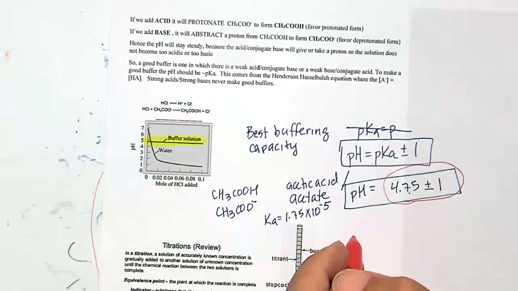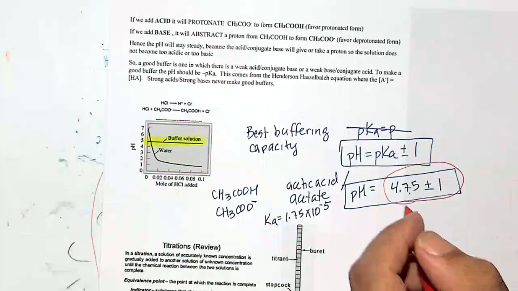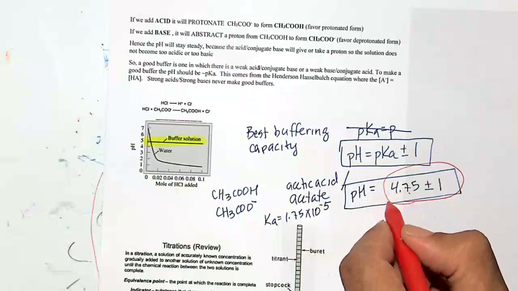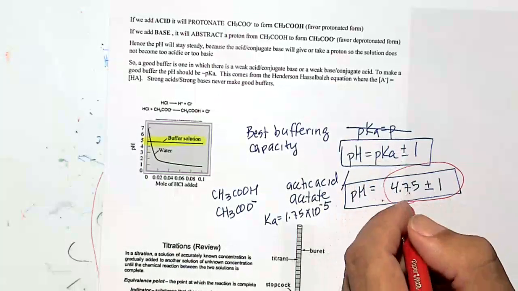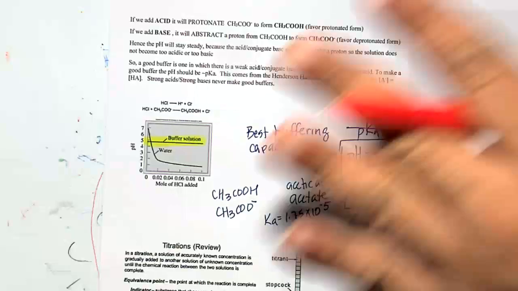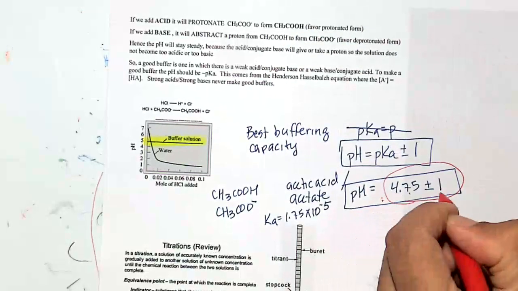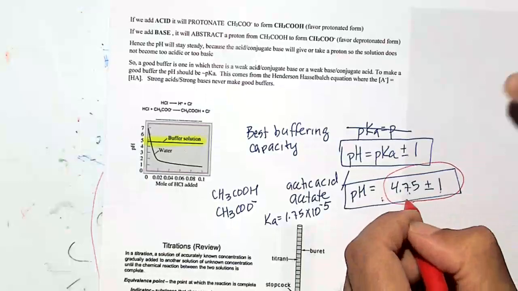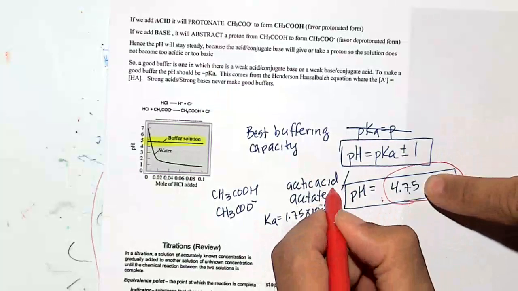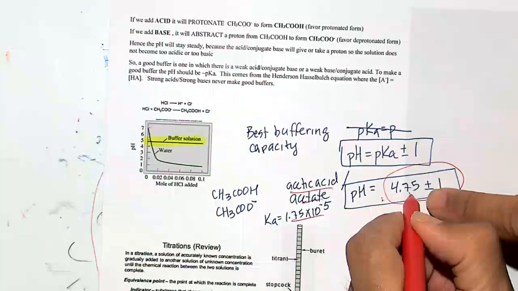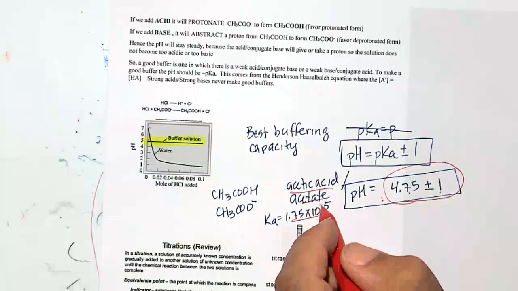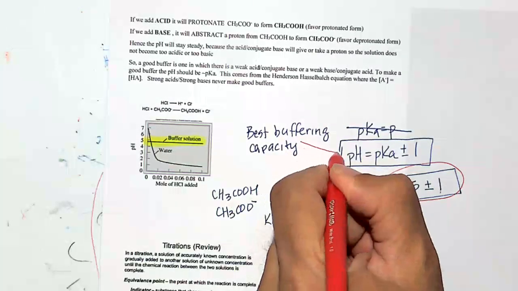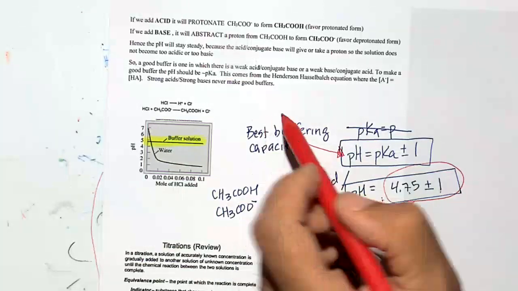It can withstand pHs between 3.75 and 5.75. You can add a whole bunch of acid, and you'll keep the pH between 3.75 and 5.75. You can add a whole bunch of base, and it will keep the pH between 3.75 and 5.75. So this is what we call the best buffering capacity.